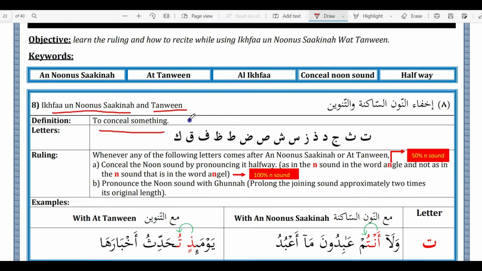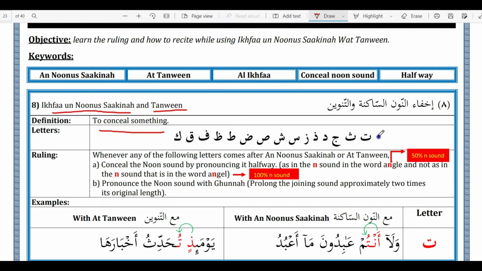The letters of Ikhfaa Noonus Saakinah and Tanween are Ta, Fa, Jim, Dal, Val, Zai, Sin, Shin, Sod, Lod, Ba, Wa, Fa, Qaf, and Kaf. Okay? And those are the remaining letters from the alphabet.